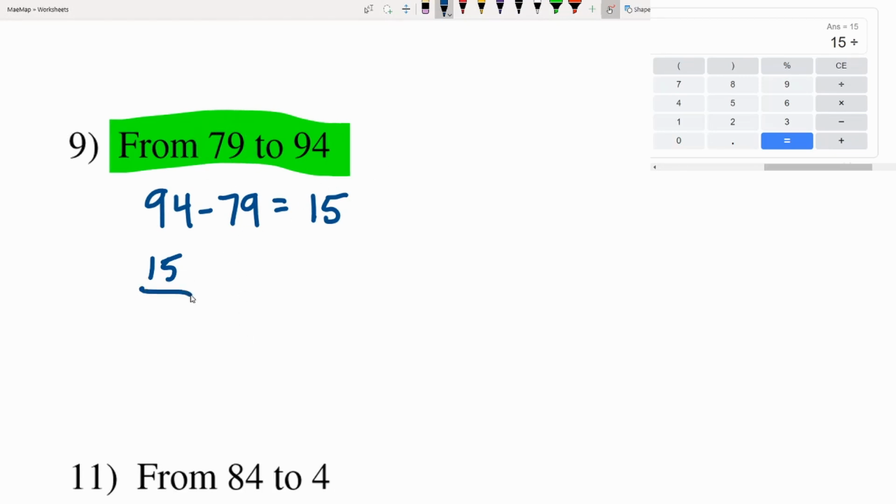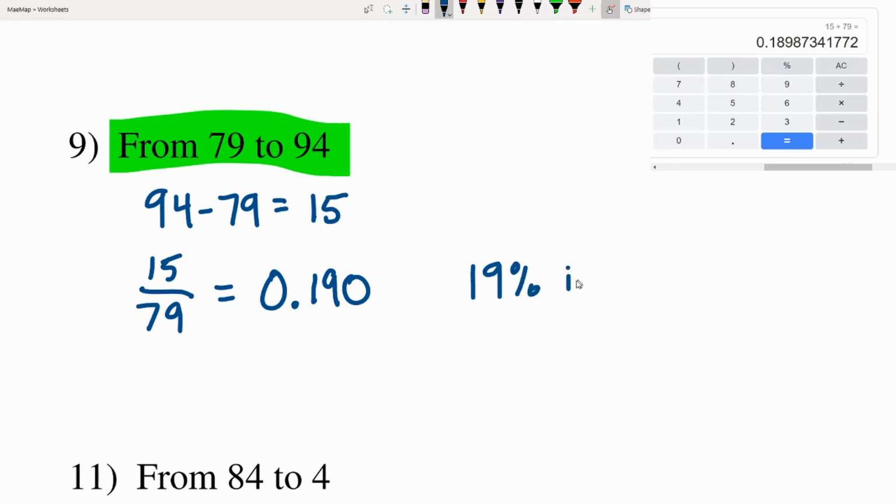So that's 15 over 79. 15 divided by 79, so writing 15, dividing it by 79 is 0.1898. But note that when we round this 9 up, that's going to carry over into the next decimal place to the left. So this is going to be 0.190 or 19%, and that's a 19% increase.